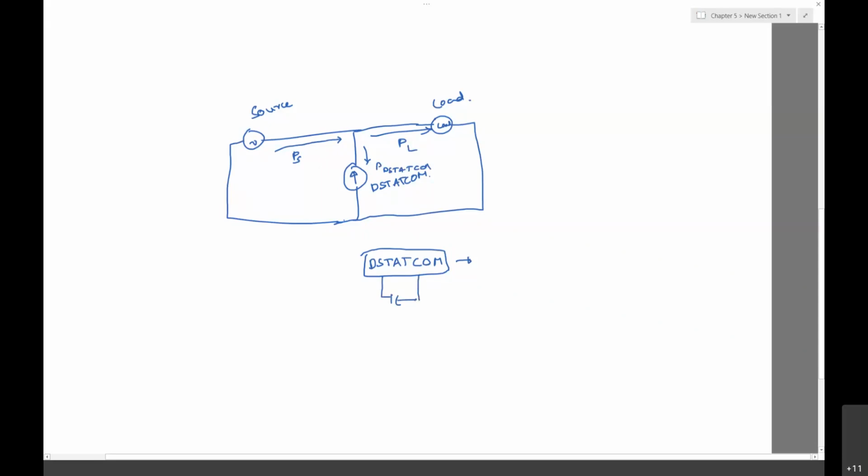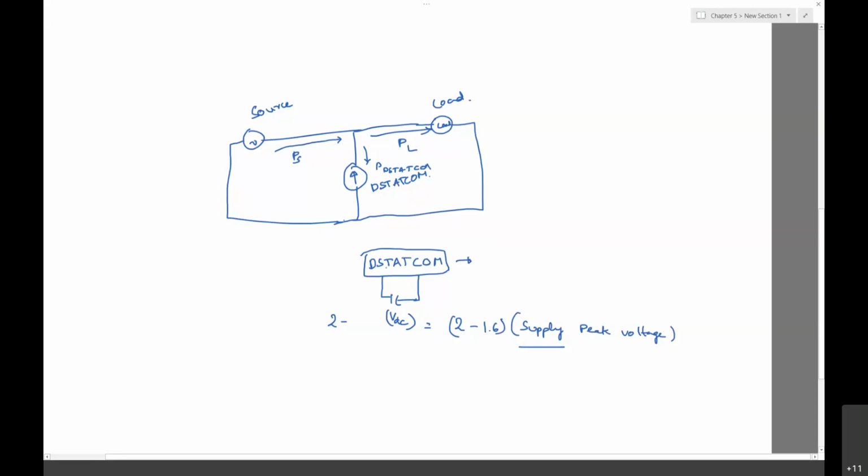This capacitor is having a voltage VDC. Maybe they keep the reference generally 1.6 to 2 times the supply peak voltage. This they are going to use.